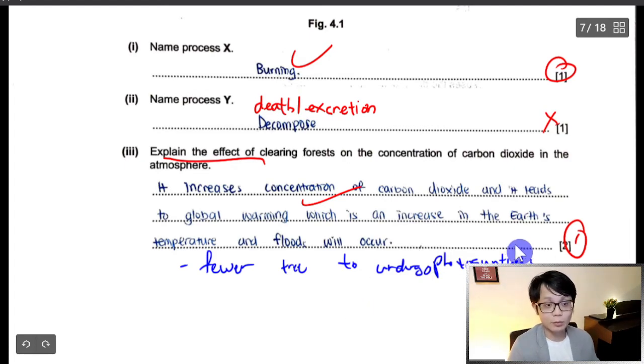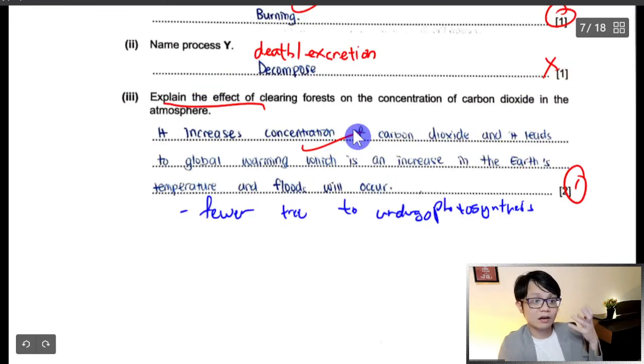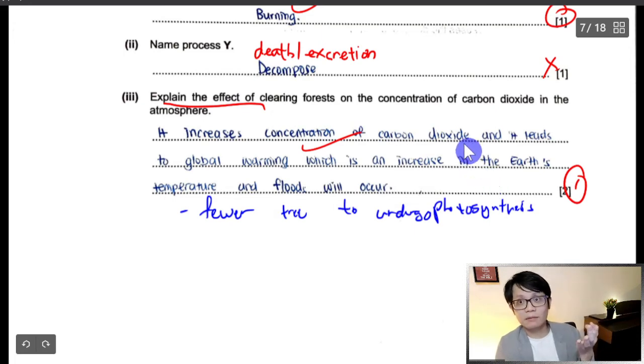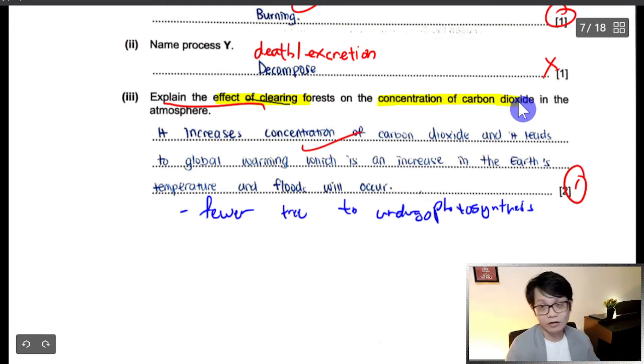This is 1 mark. Why? Because we need to read the question. The question didn't ask what the effects of carbon dioxide are. Otherwise you would get 2 or 3 marks for this question: the effect is it leads to global warming, and then it leads to flood. But the question asks, explain the effect of clearing the forest on the concentration. So basically we just want to explain about the concentration.